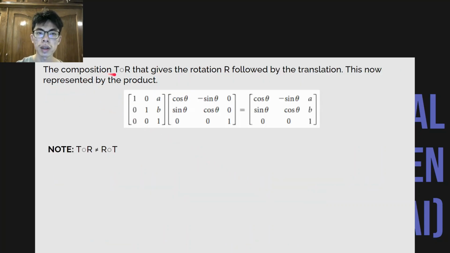The combination T times R gives the rotation R followed by the translation. This is now represented by the product. First row: 1 times cos alpha, 0 times sin alpha, a times 0, which gives cos alpha; then 1 times minus sin alpha, 0 times cos alpha, a times 0, which gives minus sin alpha; then 1 times 0, 0 times 0, a times 1, which gives a.